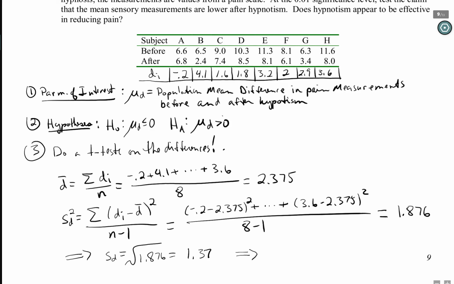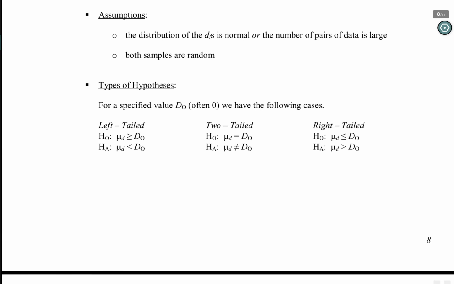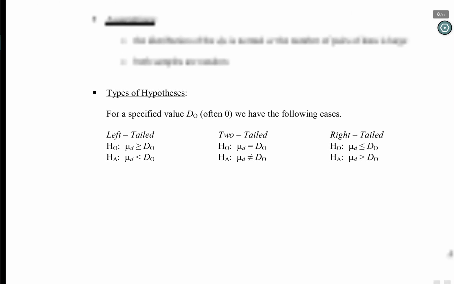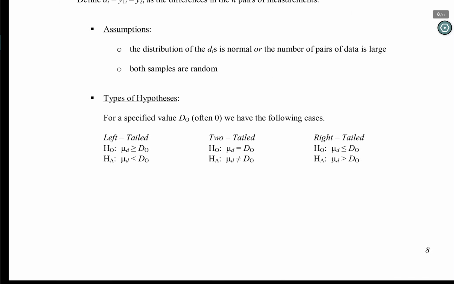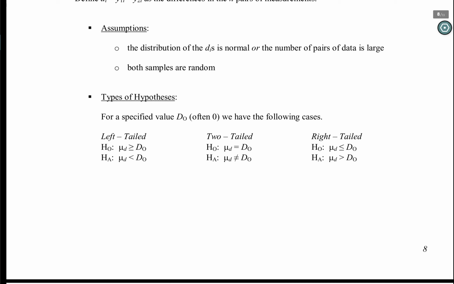The t statistic, my observed t statistic, is 2.375 minus d naught. That's the value of d under the null hypothesis. I've got a right tail test, and my d naught is 0.